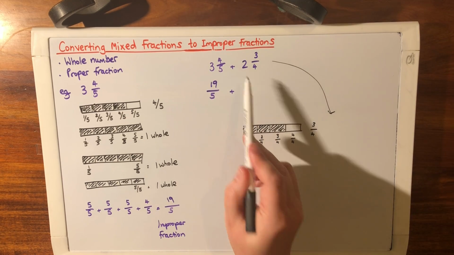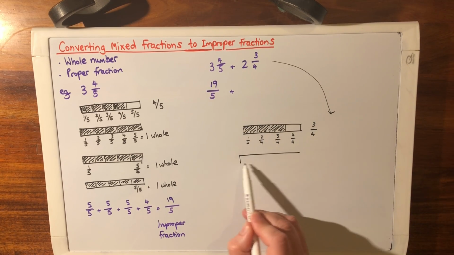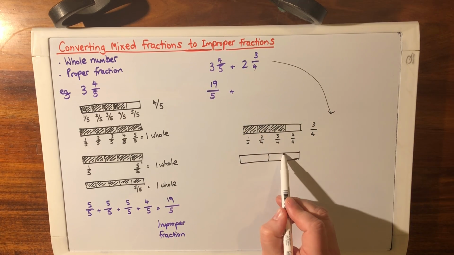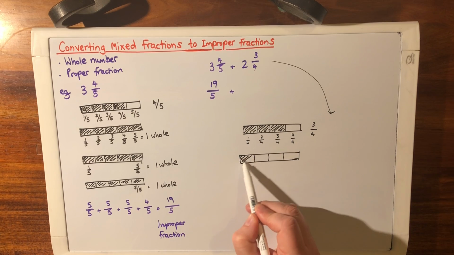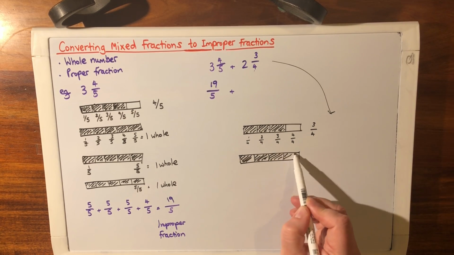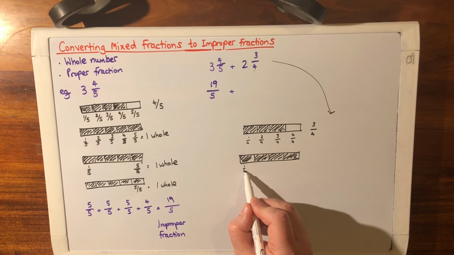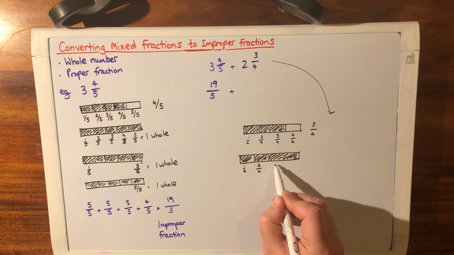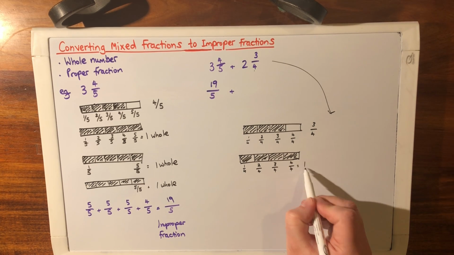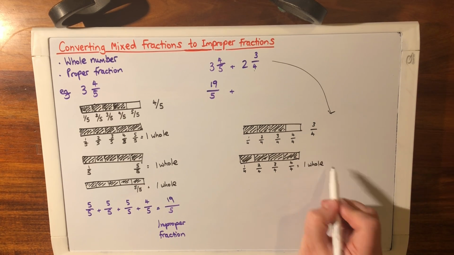Okay, again, let's look at the two wholes. We'll draw out our whole, divide into 4s. But this time we're counting all of those 4 segments. 1 over 4, 2 over 4, 3 over 4, 4 over 4, or 1 whole.